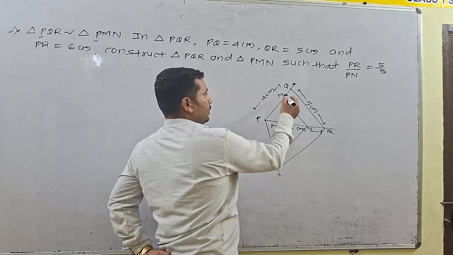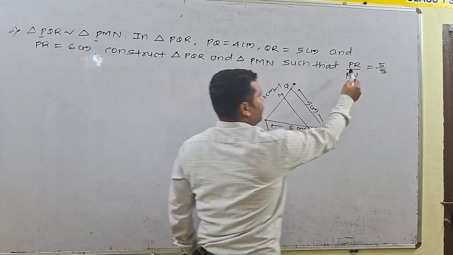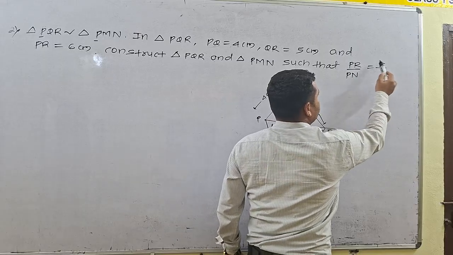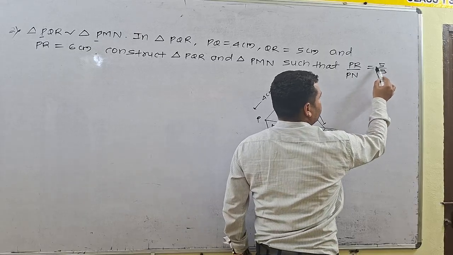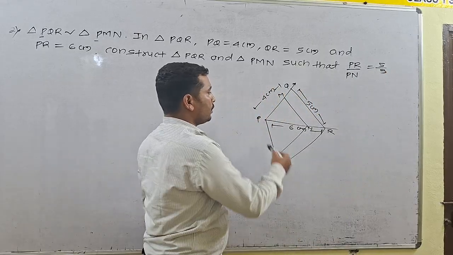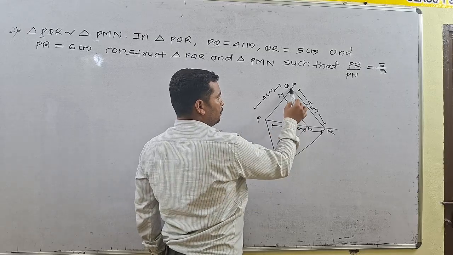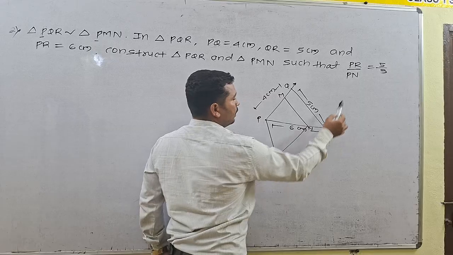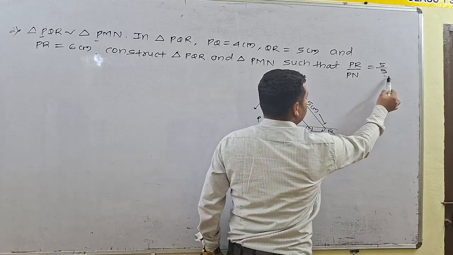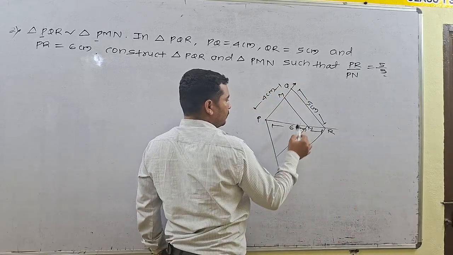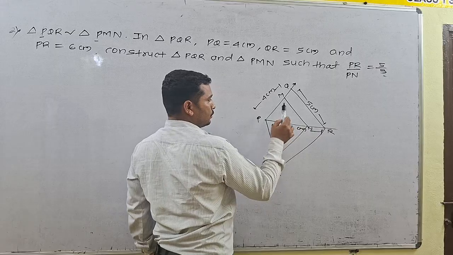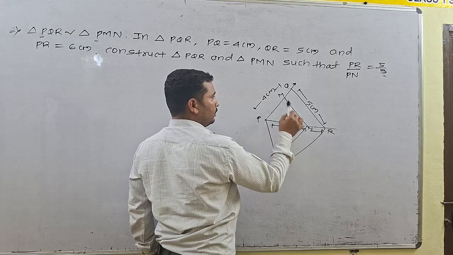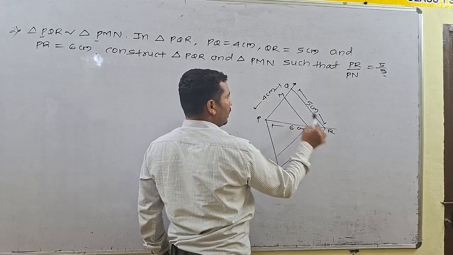The first triangle is PR upon PR. Which is the larger side? PR is the larger side. So the outer triangle is PQR because PR is a side of the outer triangle, and PN is the smaller side, so PN is the inner side. That's why triangle PNM, triangle PRQ.